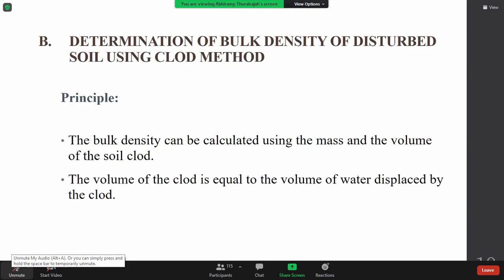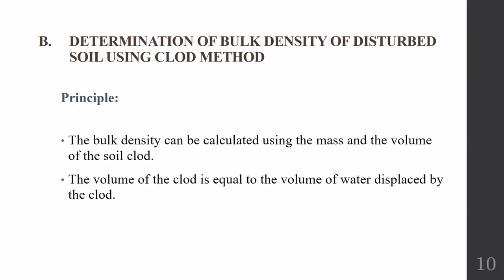Then the second method is the clod method. This clod method is used for disturbed soil. Can anyone read the principle of the clod method? Determination of bulk density of disturbed soil using the clod method.